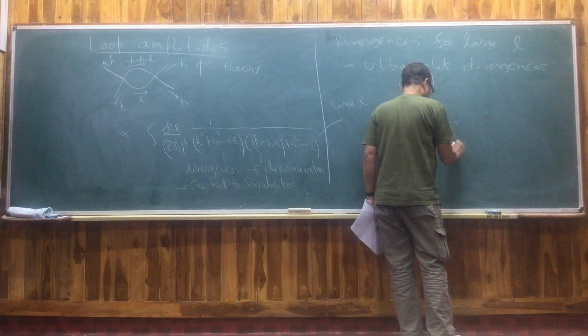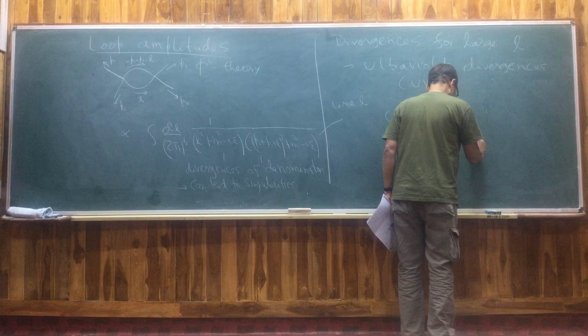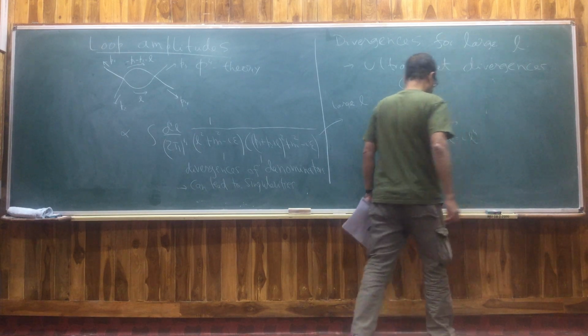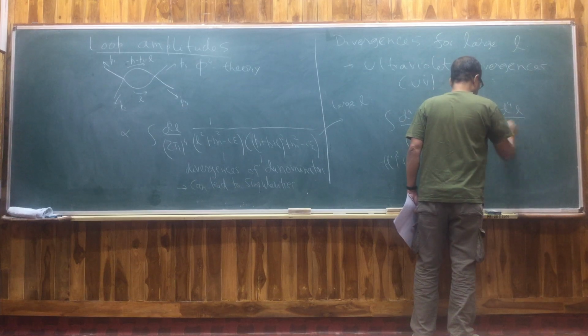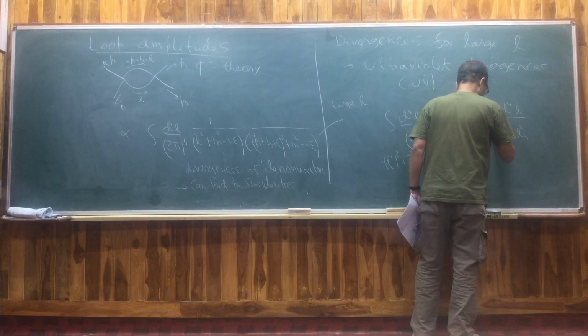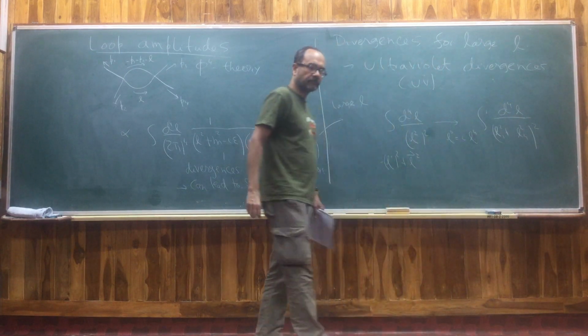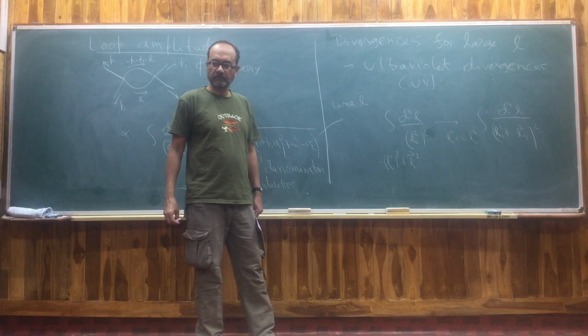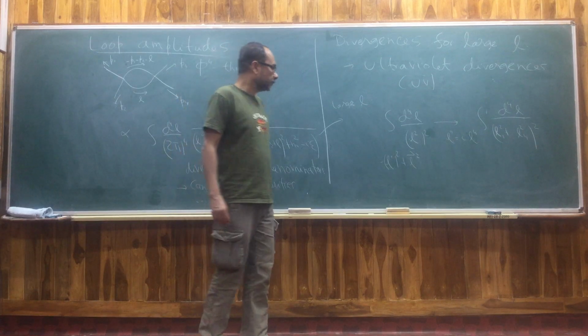We will write L0 as i times, say, L4, and write this as the integral d^4L over (L1² + up to L4²)². It is to estimate whether it is divergent or not.